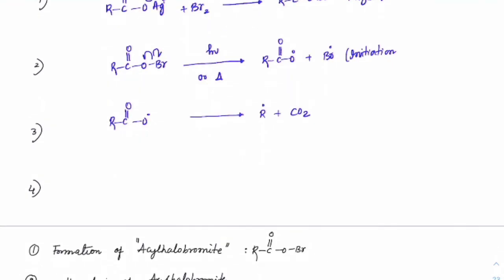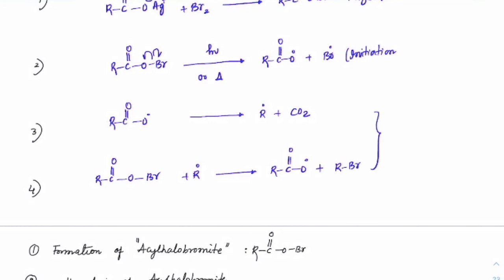The propagation steps then make R dot react with the acyl hypobromite again, and that will become RC double bond O, O dot plus RBr, right?